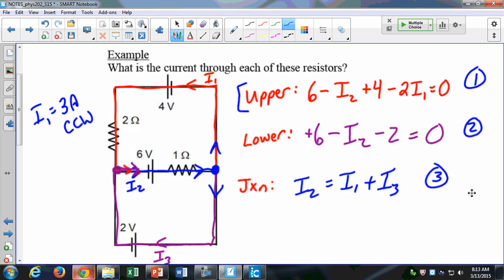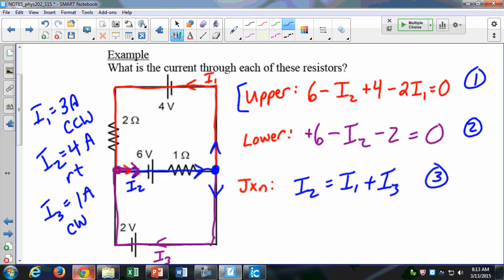I'll ask not only for the magnitude, but the direction. I2, which we found to be 4 amps, you would say it's equal to 4 amps to the right, and then I3 would be 1 amp clockwise. So you'd give the direction and the magnitude.